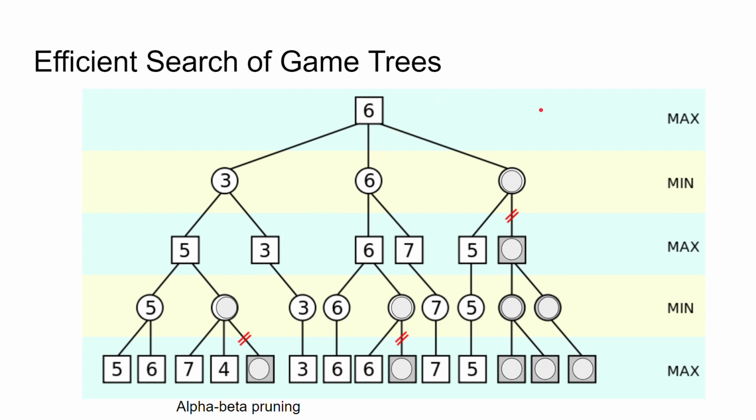We have this sort of nice approach for any sort of game where we're taking turns, and any sort of game where there's some sort of evaluation of, okay, what is the score, we can use this kind of approach.